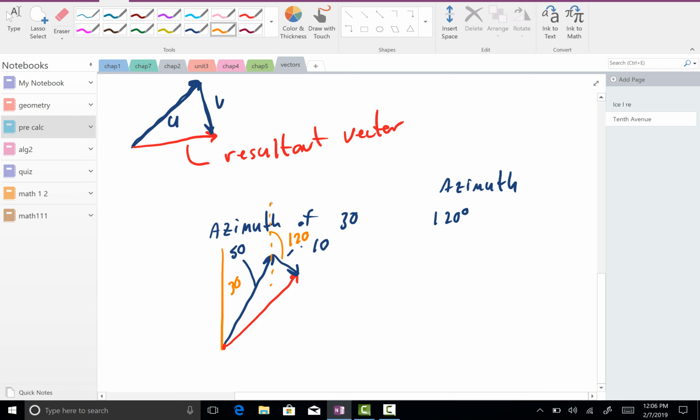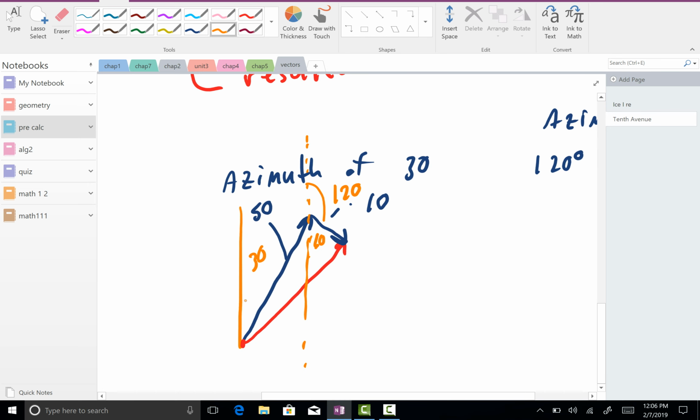That leftover angle from this line here being drawn, that's going to be 60 degrees because it's 180 all the way there. This angle is 30 right here, which means this angle is 30 because we have parallel lines cut by a transversal, and those alternate interior angles are going to be the same.